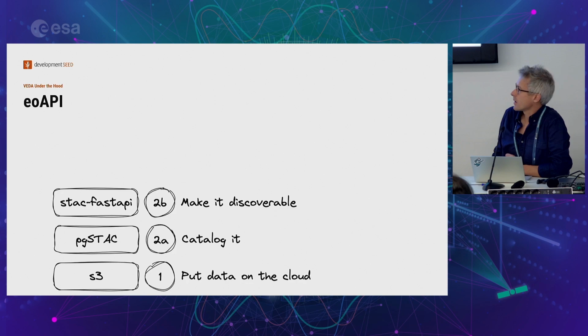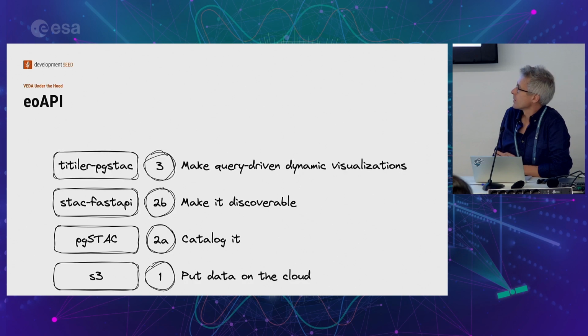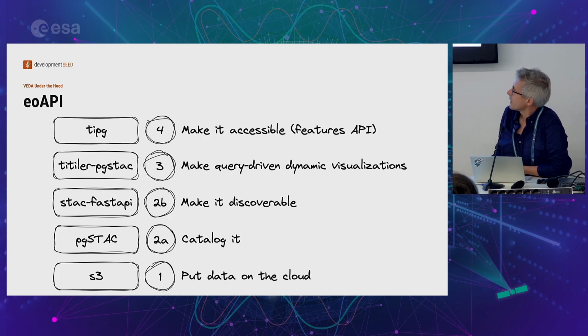We have a stac-fastapi, which is also an open source project, to make it discoverable. Then on top of the API, we have TiTiler, a dynamic tiler built on top of PgSTAC. And then we have a features API.